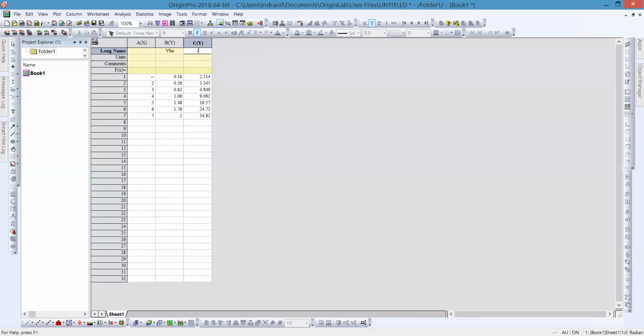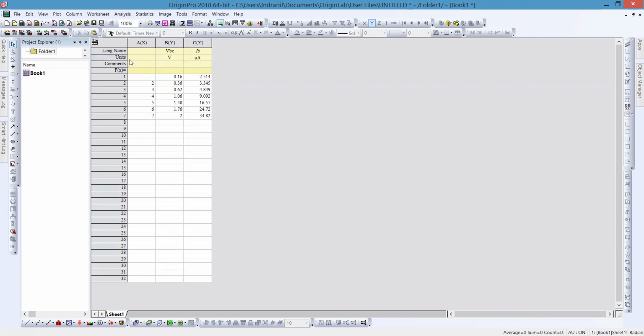This is IB, so this is our base current in microamperes, and this is in volts.